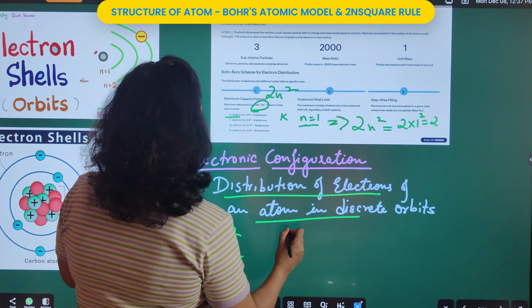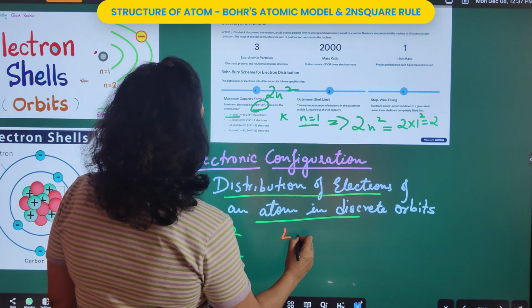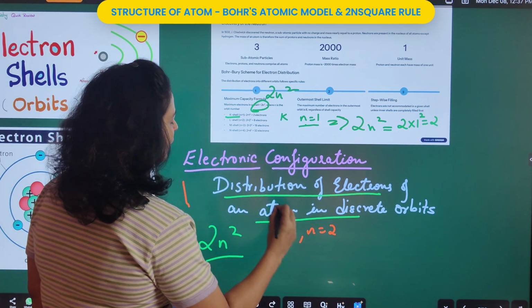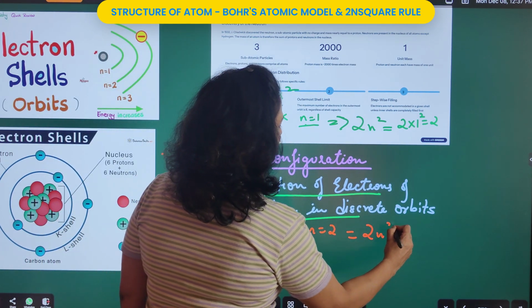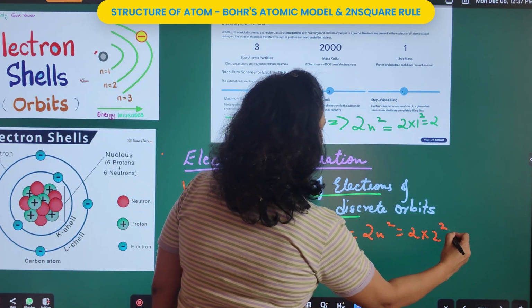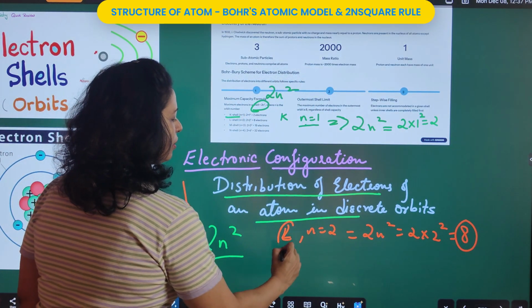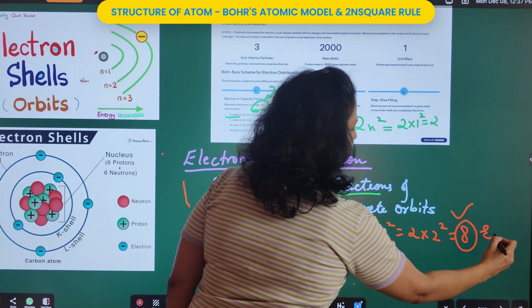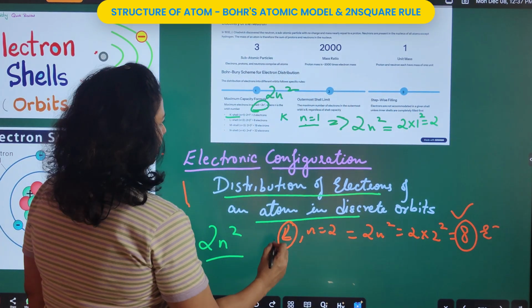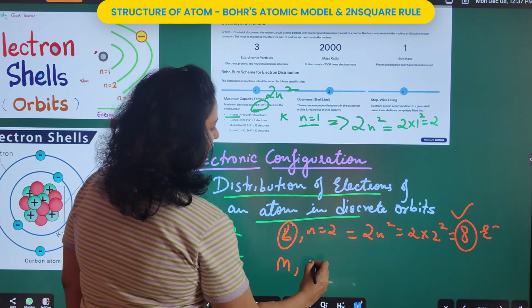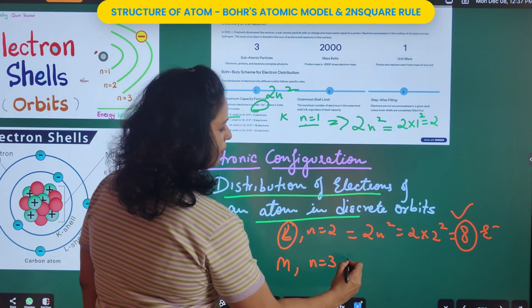The L shell has n equal to 2. So 2n² is 2 into 2 squared, which is 8. So the maximum capacity of the L shell is to hold only 8 electrons. Now the M shell has n equal to 3, the third shell.